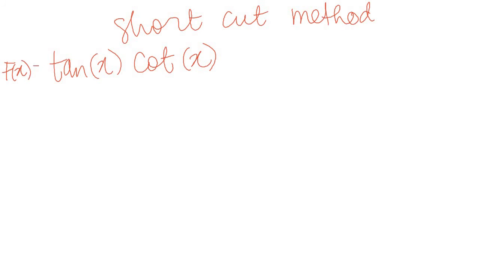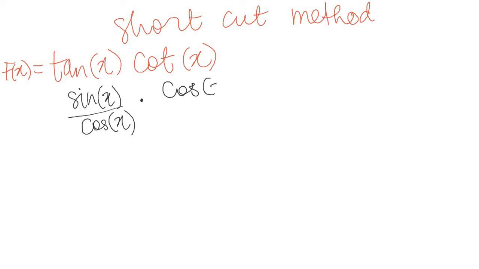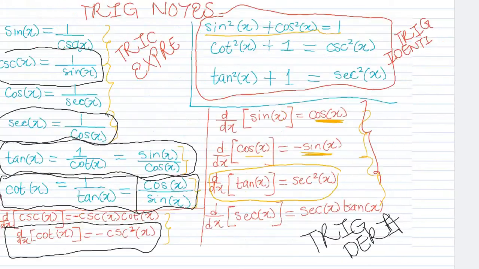Before we apply the derivative to it, we have to first say, what is tan x, what is cotangent x? If we want to find it in terms of sine and cosine, I think I made a mistake when I said it earlier. Tan x is the same thing as sine x over cosine x. Cotangent x is the same thing as cosine x over sine x, right?